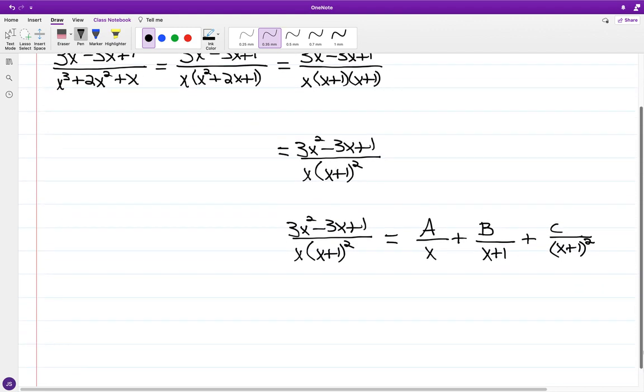Now if I look at multiplying by the least common denominator, this is going to be x times x plus 1 to the second.